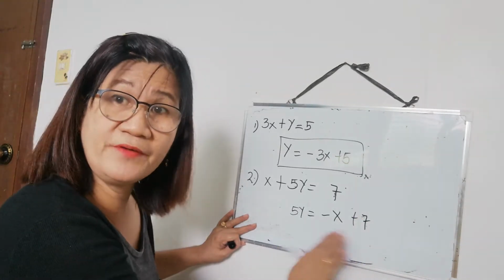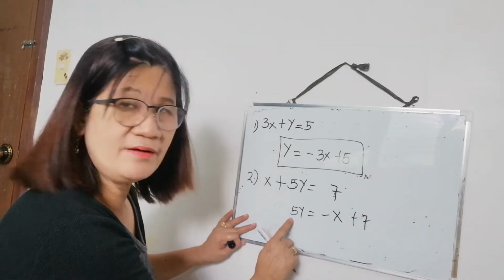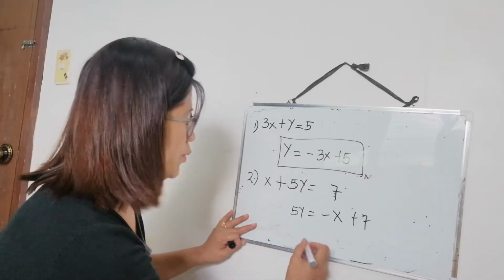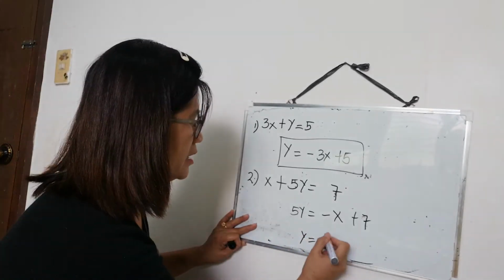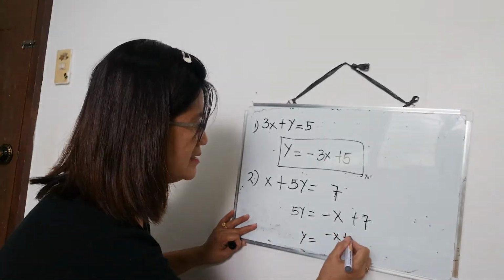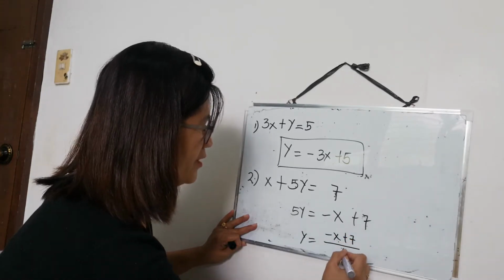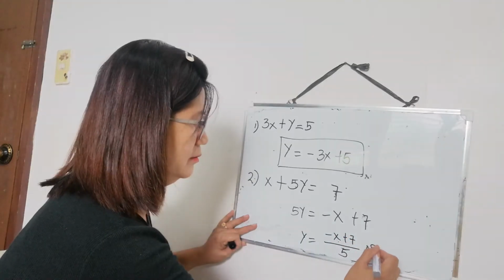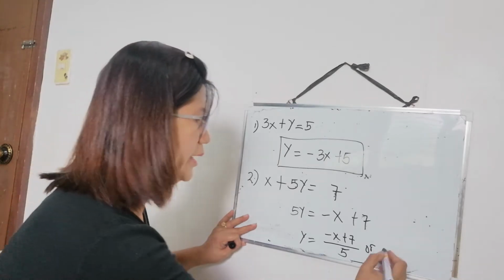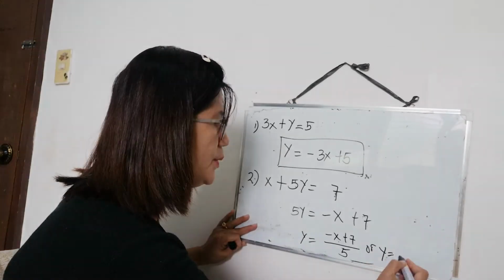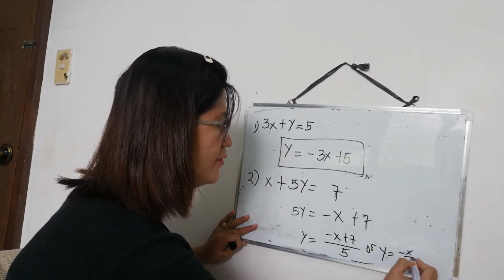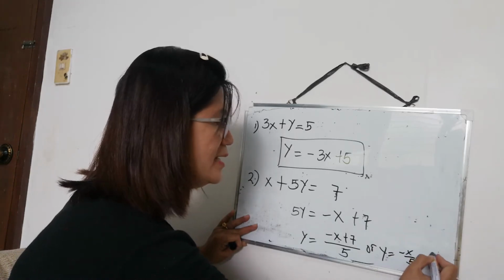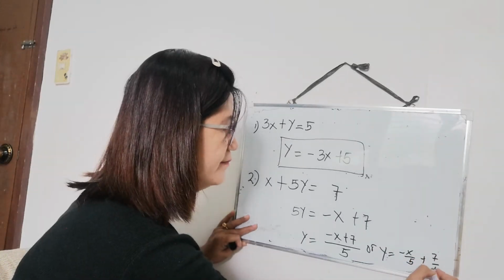But this is not yet final kasi may kasama pang variable, y. So, we will bring down y equals negative x plus 7 all over 5. Or y is equal to negative x over 5 plus 7 over 5.